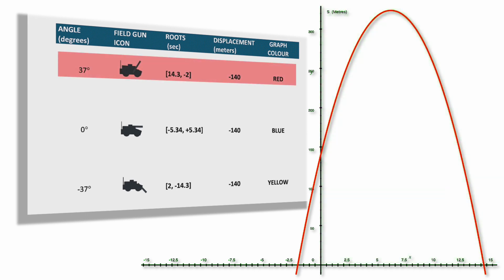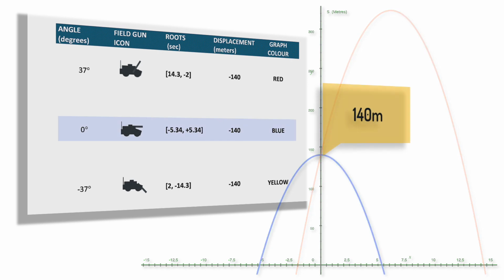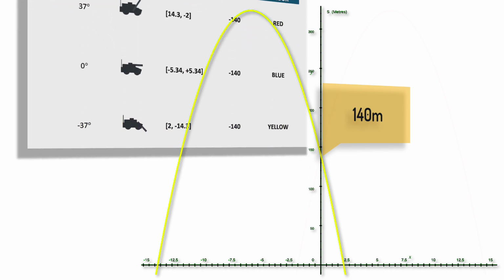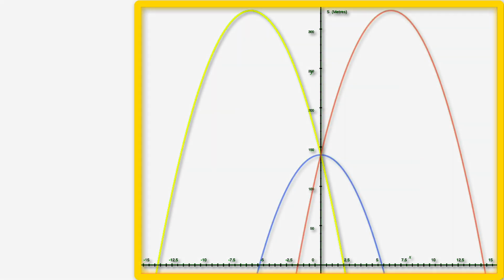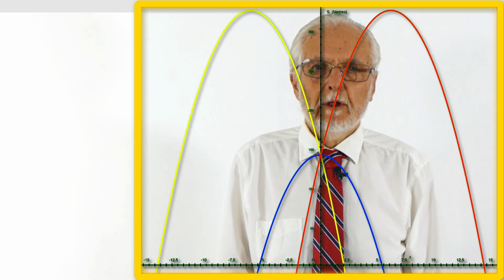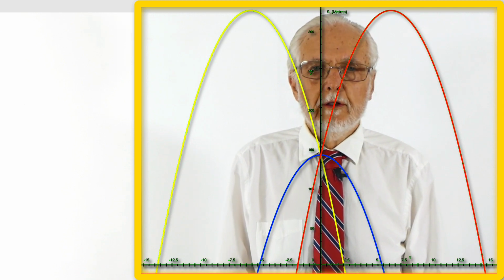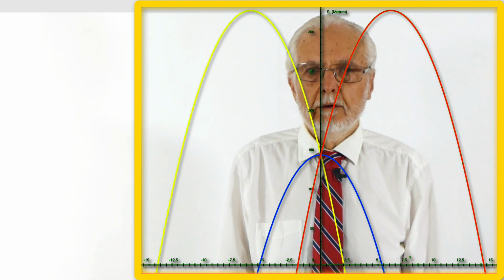And also notice that in each case the y-intercept is 140 metres, corresponding to the height of the cliff. The symmetry of this result is due to the launch angle being plus or minus 37 degrees on either side of the horizontal.